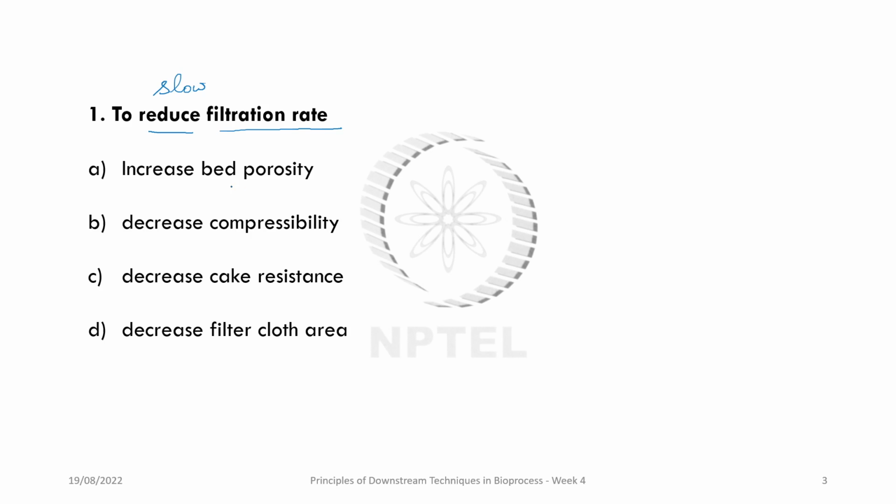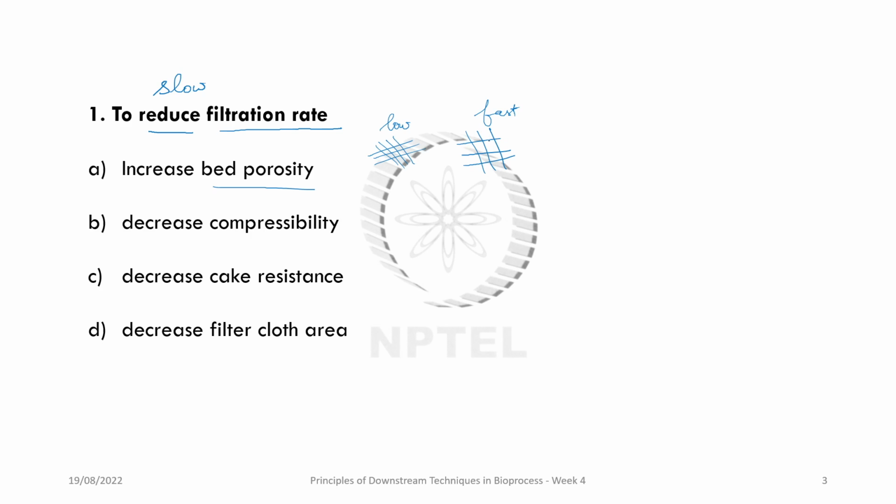So if you increase the bed porosity, what will happen? If the sieve size is smaller, then the filtration rate will be low. But if the sieve is bigger, then filtration is fast, right?